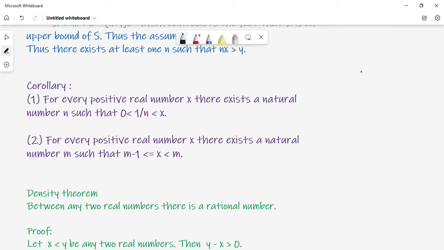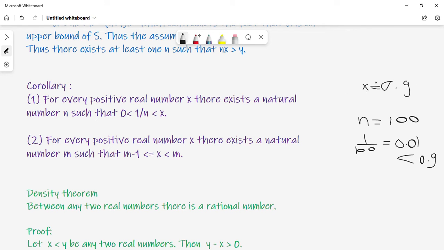So if you tell me that my x is, suppose, 0.9 something, this is the value of x. So very naturally I have a natural number n. If I take it to be 100, 1/100 is 0.01, and which is certainly smaller than 0.9.